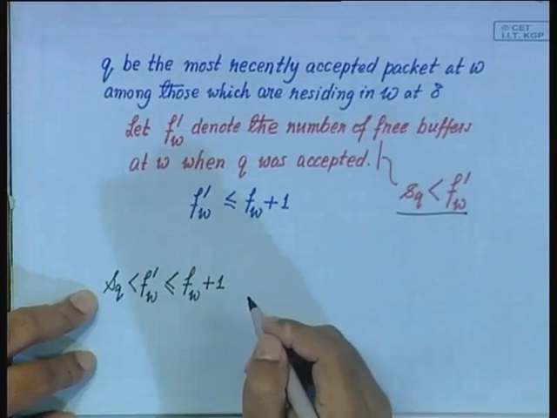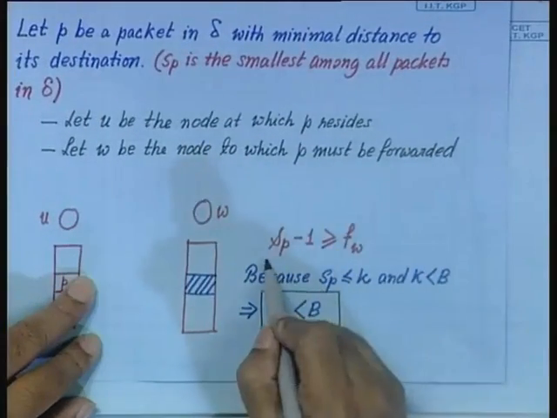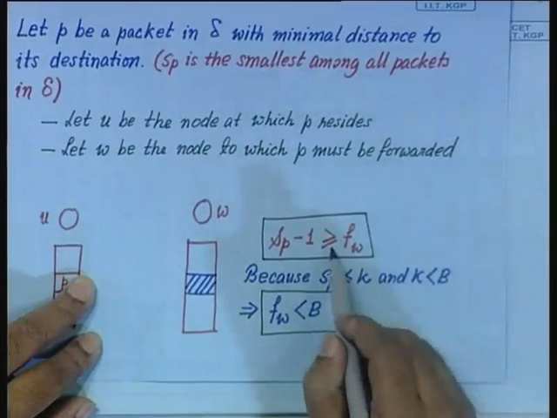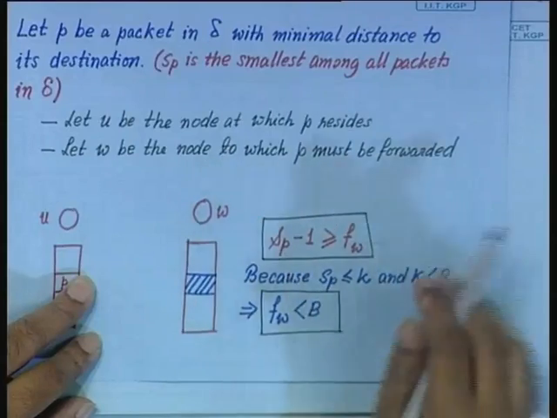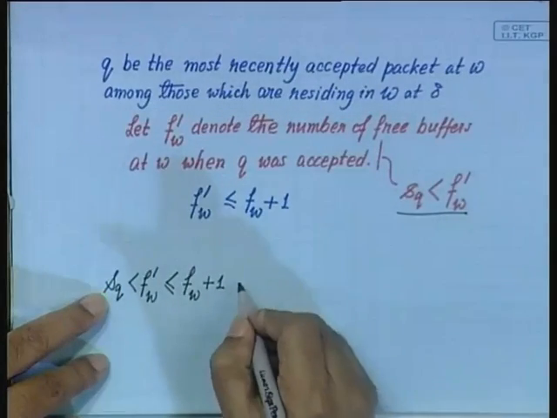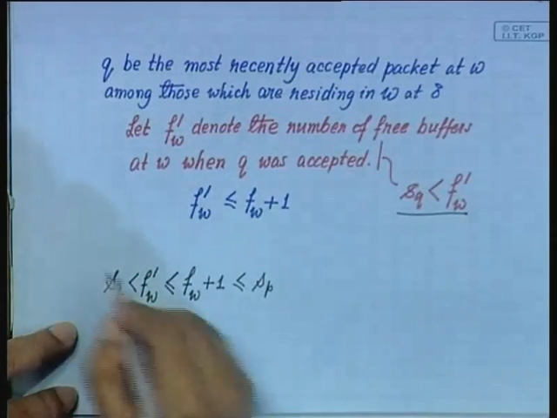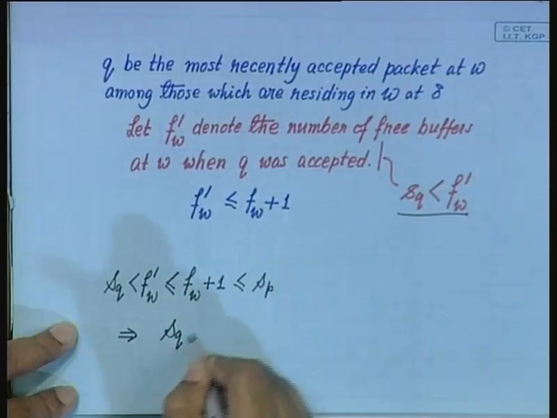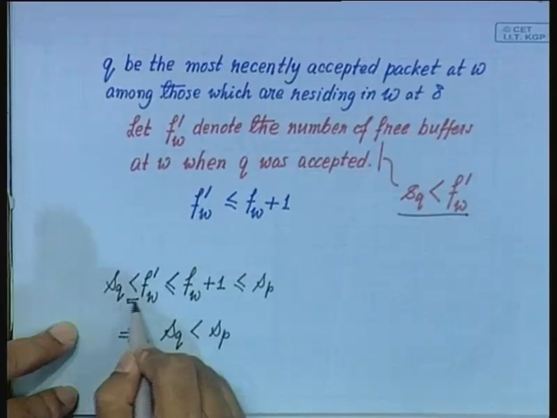and then previously we had shown that SP minus 1 is greater than or equal to FW, right. So FW plus 1 is less than or equal to SP. So what does this imply? This implies that SQ is less than SP, because there is one strict inequality here, right.